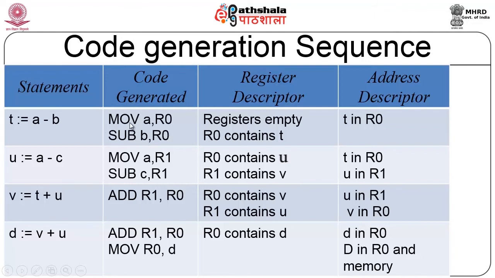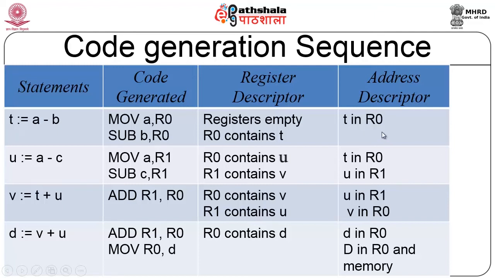This is going to be an operator command: operator Z comma the location L, which corresponds to a register, and Z here is available in memory only, because we already know registers are empty, and the address descriptor tells me that B is available only in memory. So this is what I have done: 2 instructions corresponding to this statement. Now the result is in R0, and that is the value corresponding to T.